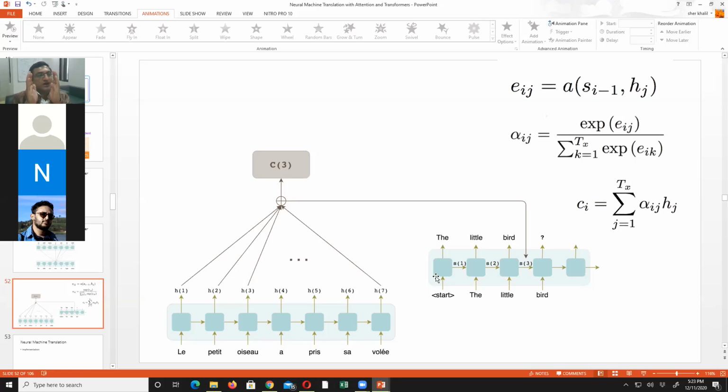So we are kind of hiding the input by one time step. We say, tell me what should be the next word. We are giving it nothing. Now, at the input, we are sending the embedding for the start token.